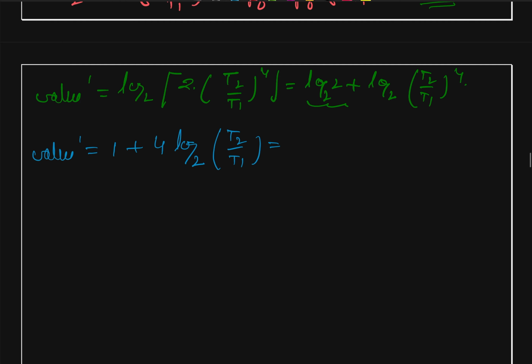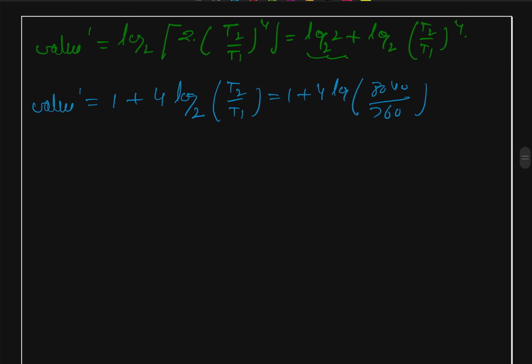So we get 1 plus 4 log of 3040 divided by 760, and this ratio is equal to 4. So it will be equal to 1 plus 4 log to the base 2 of 4, which we can write as 1 plus 8 log to the base 2 of 2.